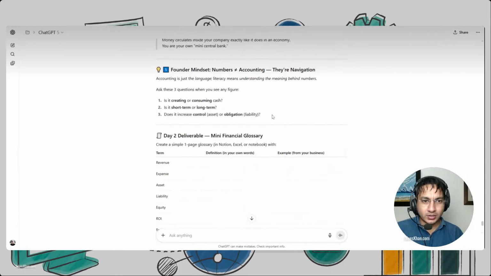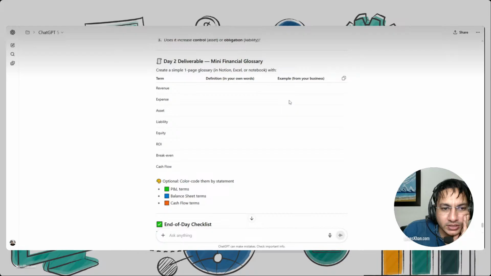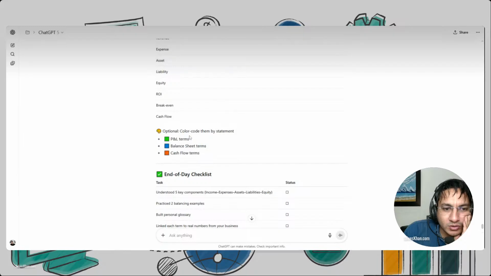Okay. Deliverables, Day 2: create a simple one-page glossary in Notion, Excel, or something like that with term, definition, your own example from your business, cash flow.